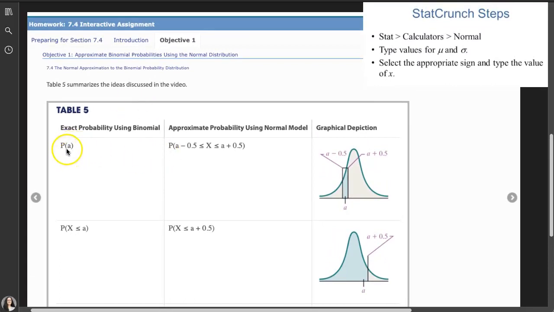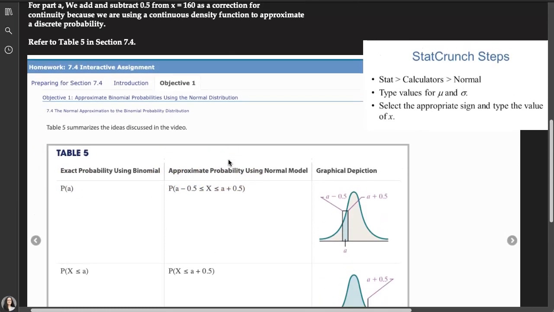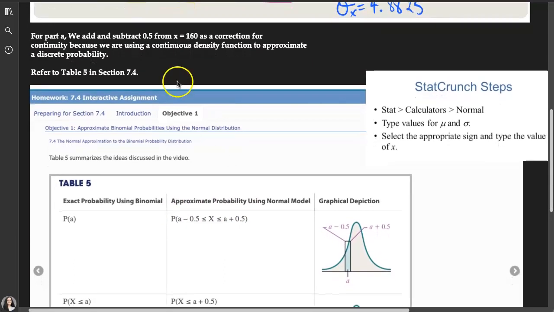In this table, we have the probability we're finding exactly with the binomial, and how we can account for the continuity in the normal distribution. Remember, we have to correct for that continuity, and then there's the graphical depiction.